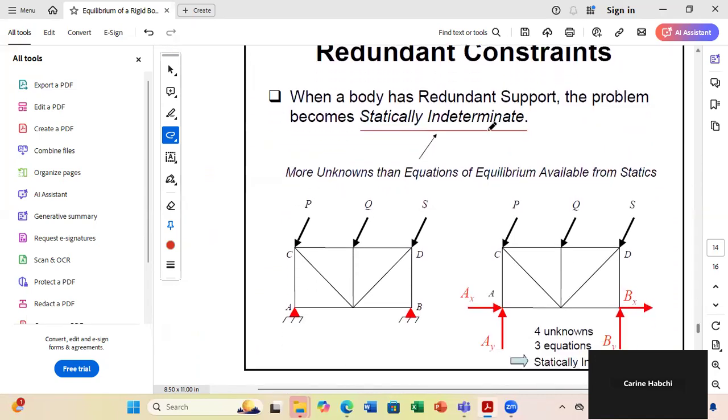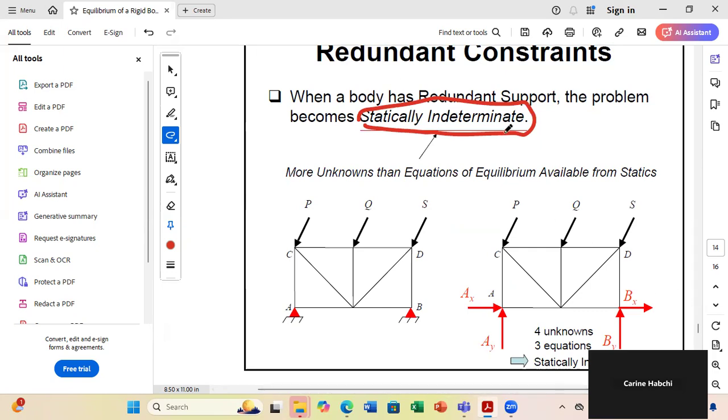As we said, when a body has redundant supports, the problem is called statically indeterminate. So I have equilibrium, but I cannot solve for my reactions. If you take mechanics of materials later, you will learn how to solve problems that are statically indeterminate.